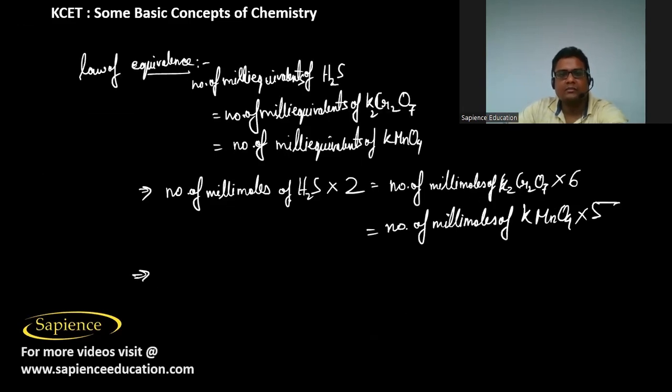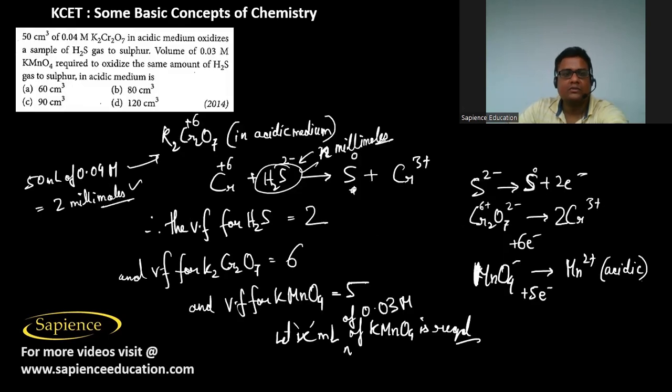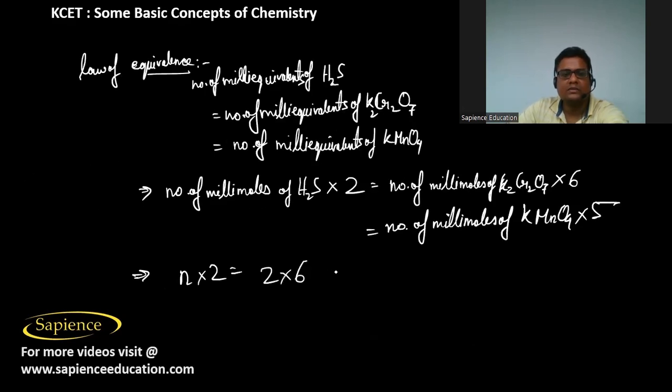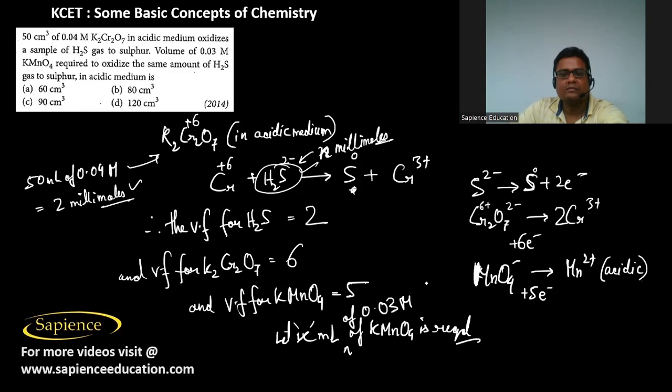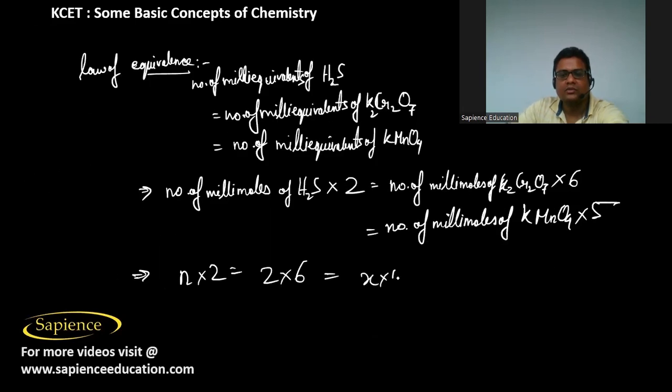Therefore, the number of millimoles of H2S is n, which we have assumed. So n into 2 will be equal to the number of millimoles of K2Cr2O7, which is 2 into 6, and that should be equal to the number of millimoles of KMnO4, which is x into 0.03 into 5.